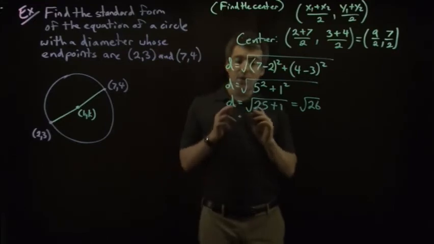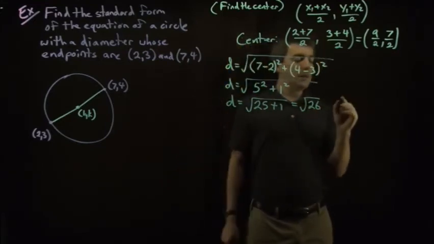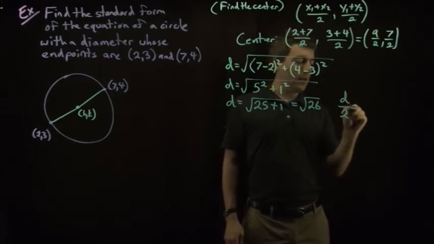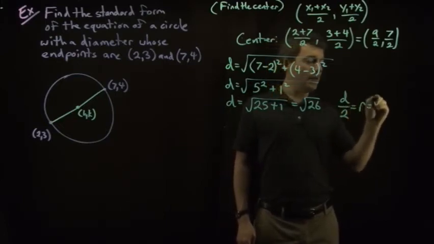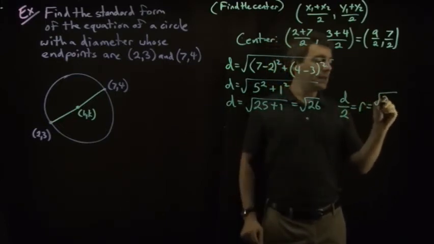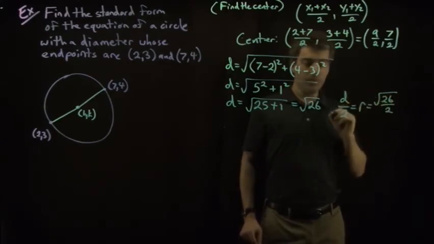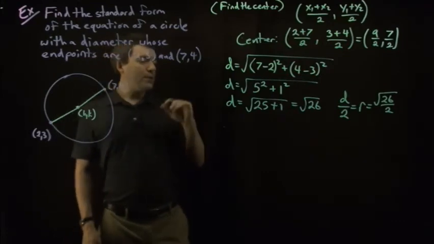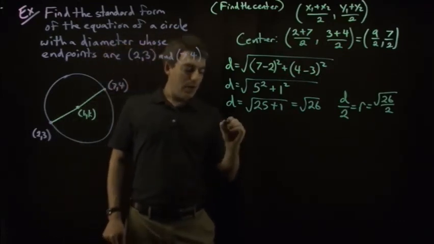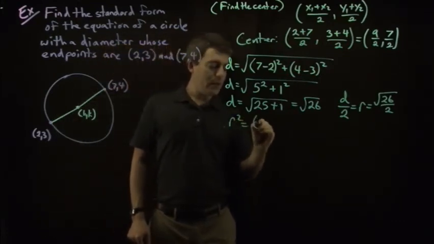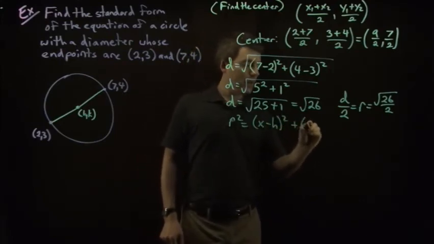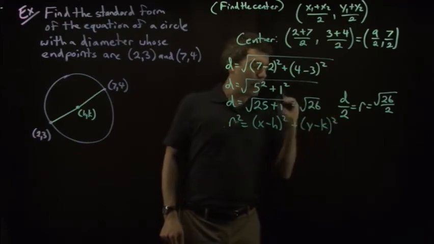All right, now this is twice the length of the radius, so we'll take our d divided by 2. That will be our radius, so we have the square root of 26 divided by 2. All right, and now we can write the standard form of the equation of the circle, and recall that's r^2 = (x - h)^2 + (y - k)^2.